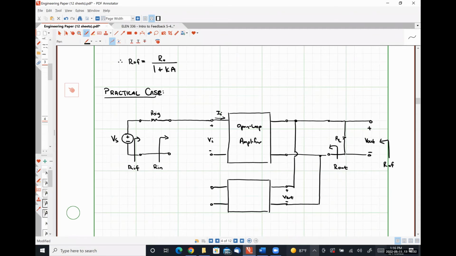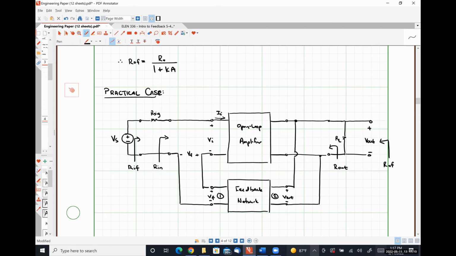And then over here to the left, we're looking at the output node of our feedback network. So just to be clear here, this is port 2, port 1. Here we have VF, and this network is supposed to be connected in series. Like so. All right.